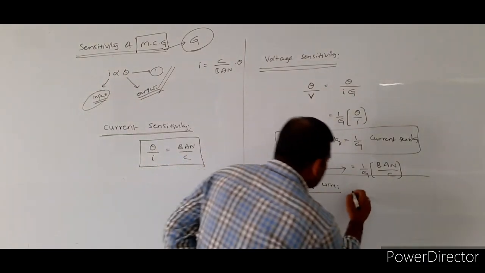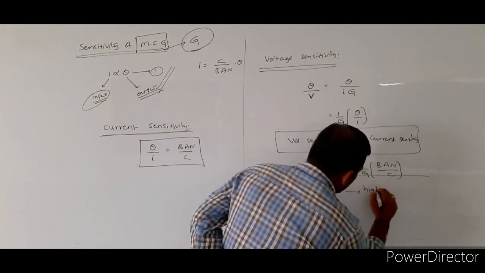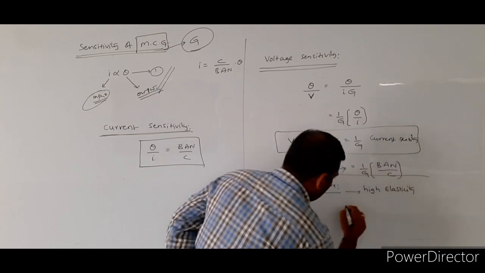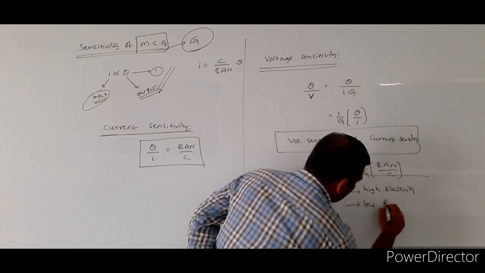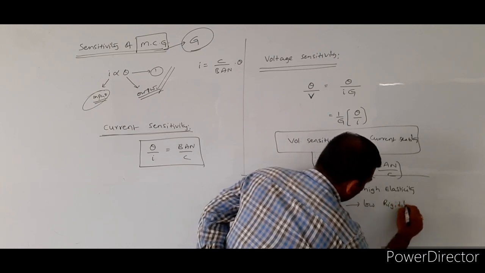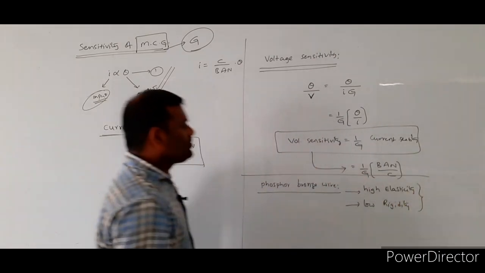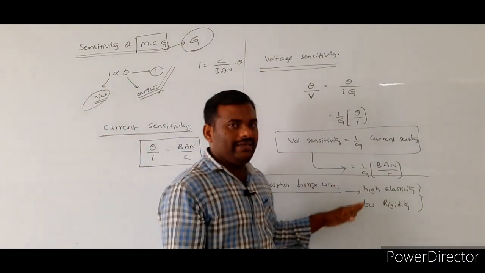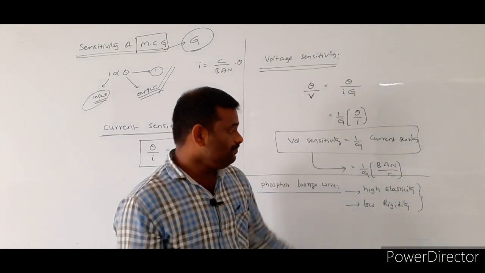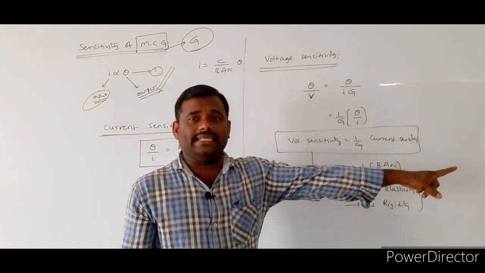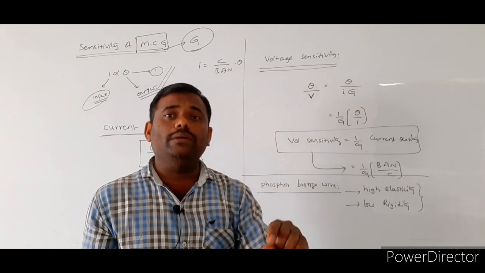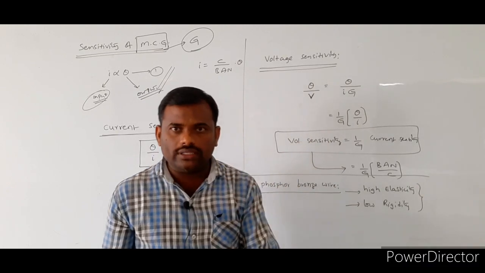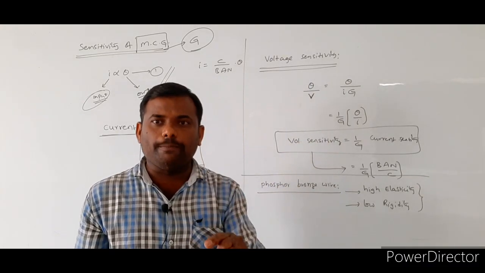This phosphor bronze wire will be having high elasticity and low rigidity. It is having high elasticity, that means its Young's modulus will be more. If the Young's modulus is more, that wire will be more stiff, more strong.